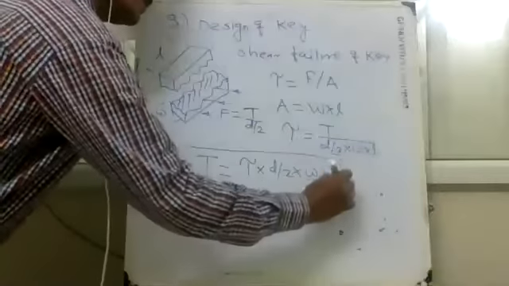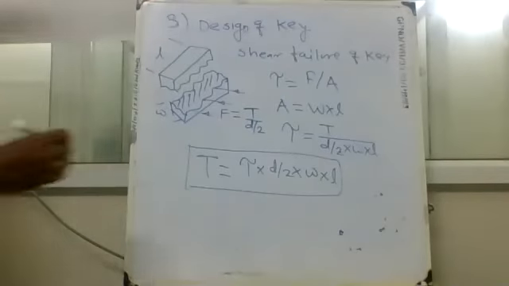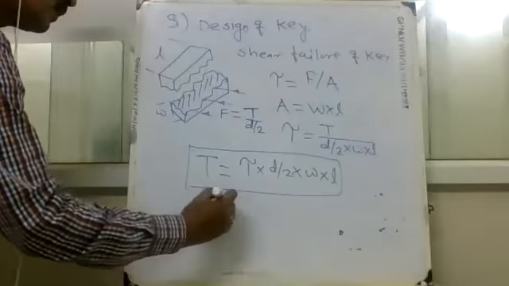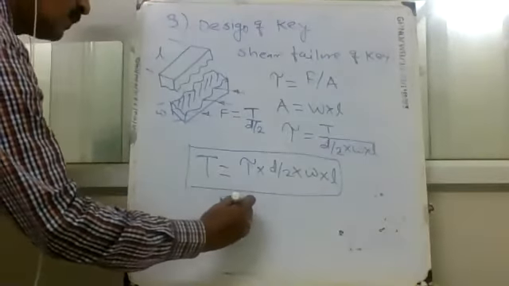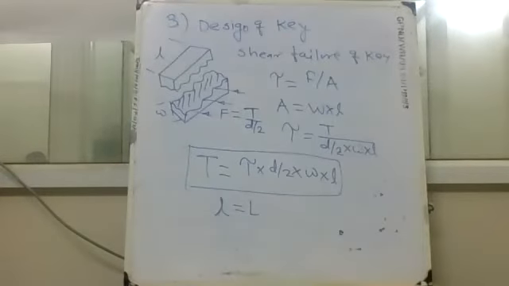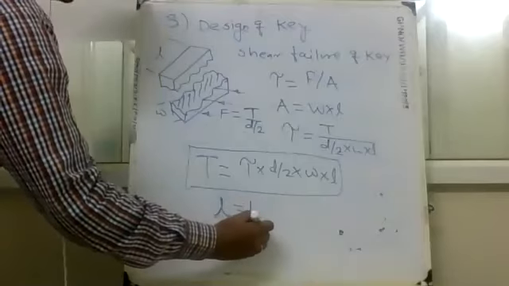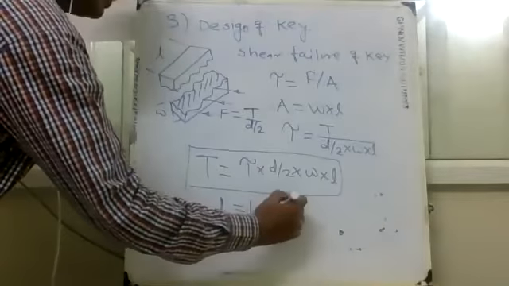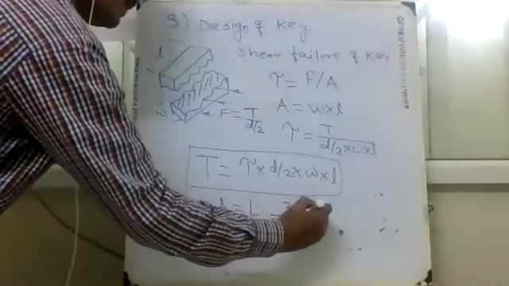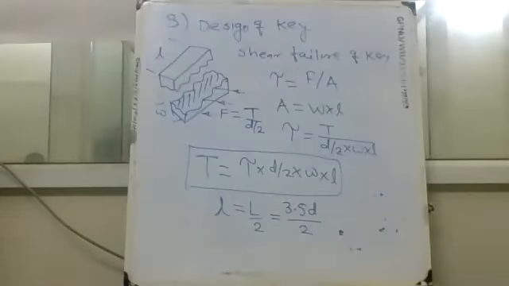So this is one equation. From this, already length of the key that we are going to consider as length of our muff, which is equal to half of that. So it comes out which is equal to 3.5 d divided by 2. So by this way, length of the key that we can put here.